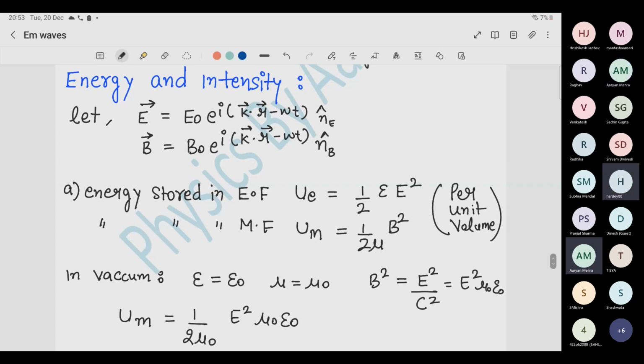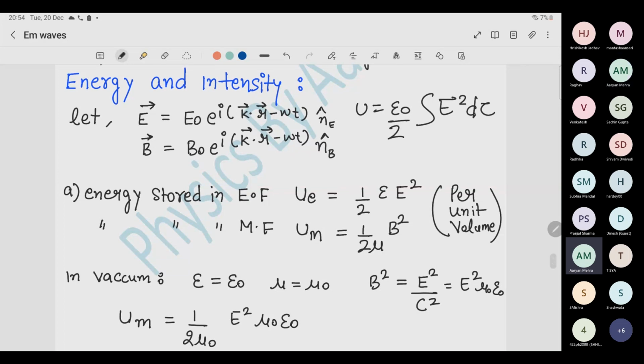When we assemble charges, the formula you must have studied is, you have seen this formula. Yes, right.